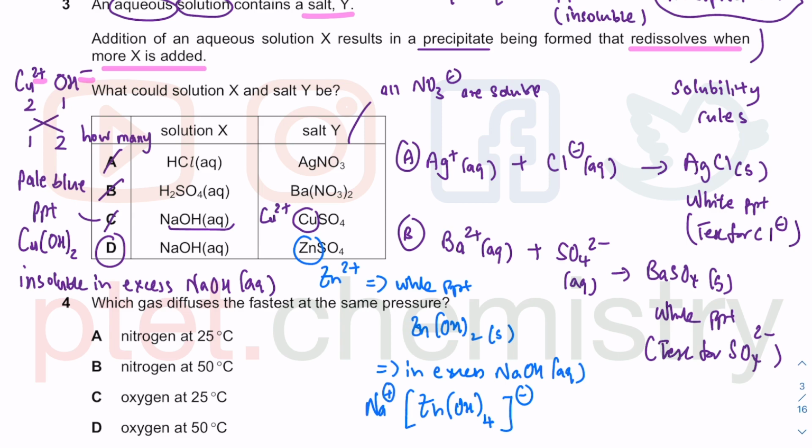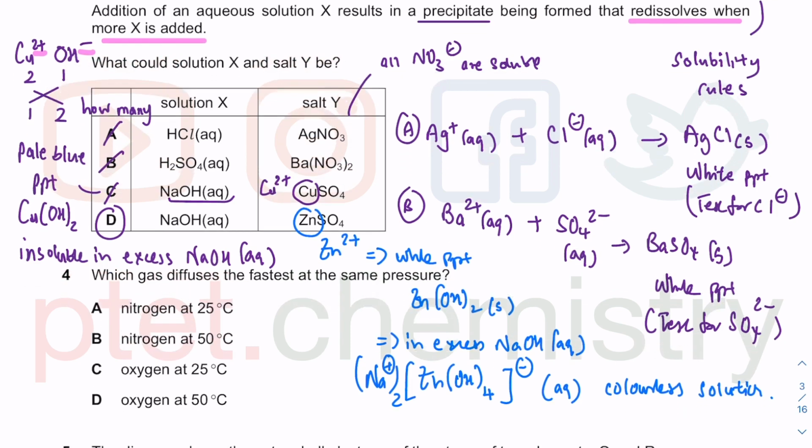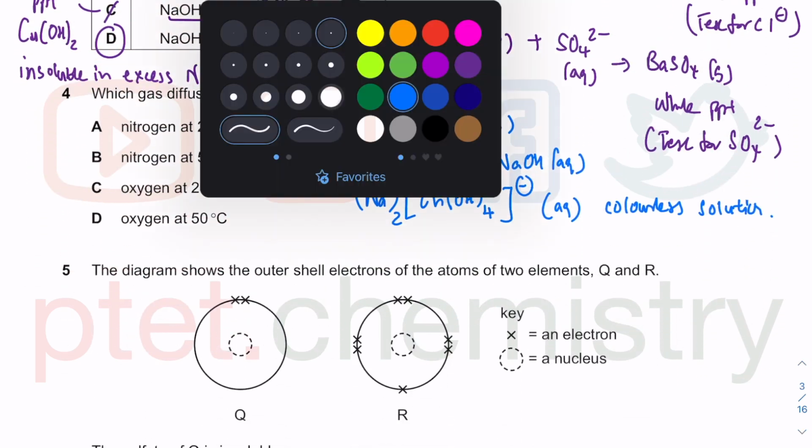And you're going to have 2 of the sodium ions, and this will be aqueous. This will be a colorless solution. In the practical table of results, zinc 2+ ions will form a white precipitate with aqueous sodium hydroxide at first, but then in excess sodium hydroxide, it will redissolve to give you a colorless solution. All sodium salts are soluble in water. There's another solubility rule. All sodium salts are soluble in water, and that's essentially the information there, giving D as the only possible answer.